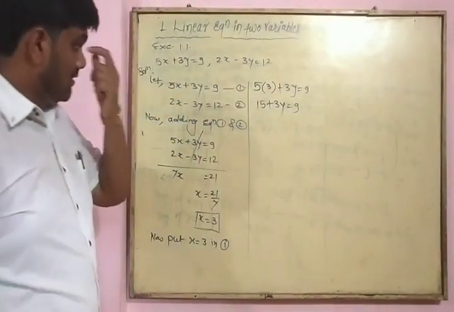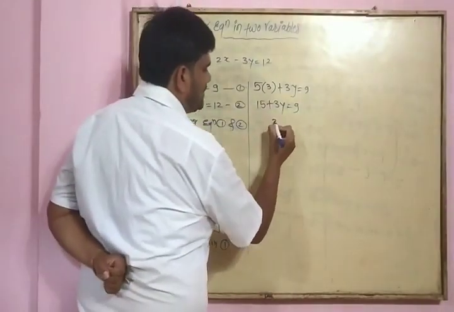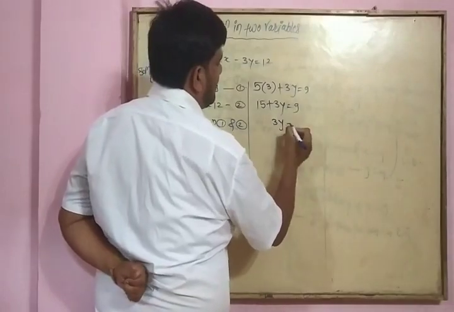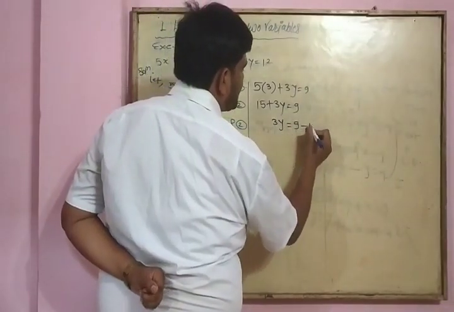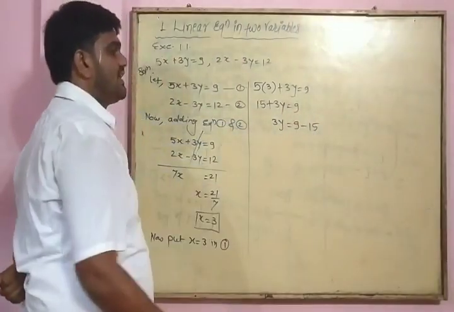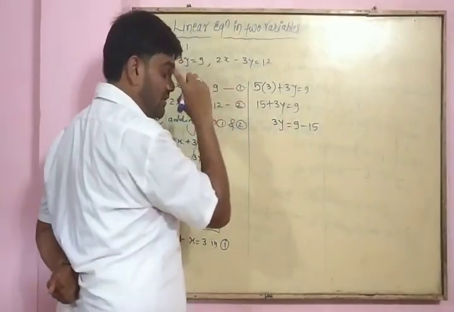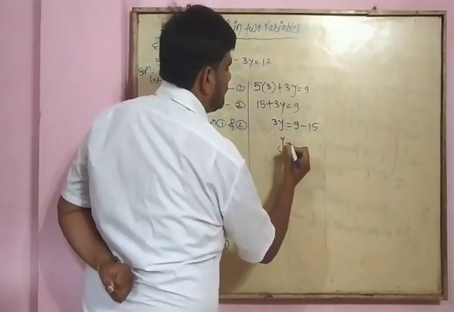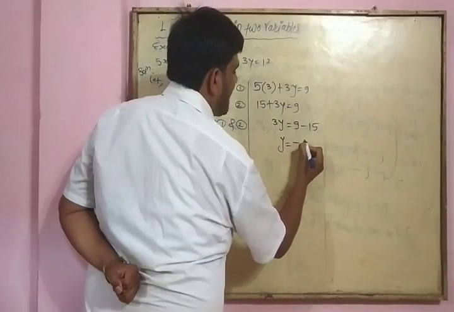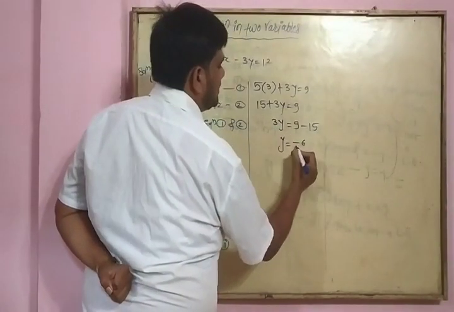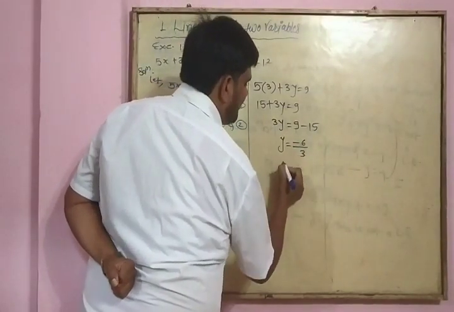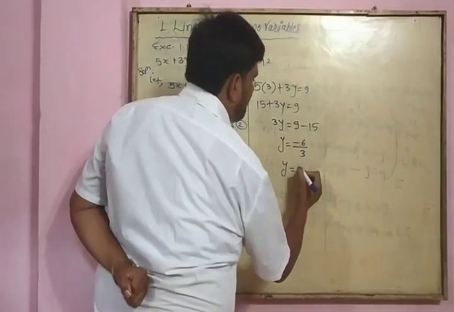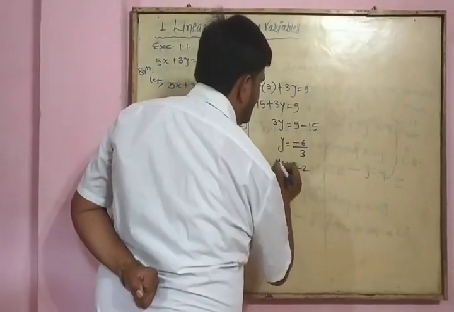Okay friends. Now again, equating this, 15 will be on that side, so there is a negative sign. 3y equal to 9 minus 15, that is minus 6, and 3 goes in the denominator, therefore y equal to minus 2.